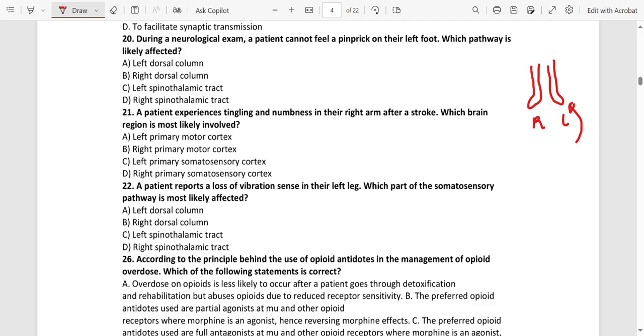I've got the left dorsal column, right dorsal column, left spinothalamic, right spinothalamic. Any thought? In other words, if they prick you, you are not feeling pain. So which tract carries pain?